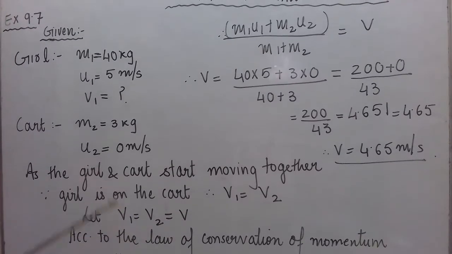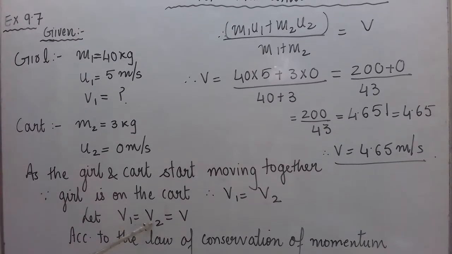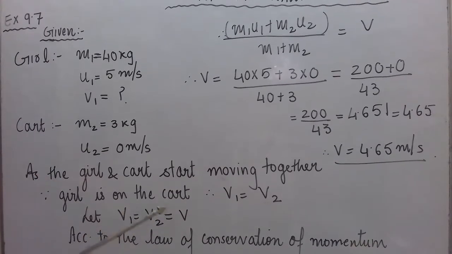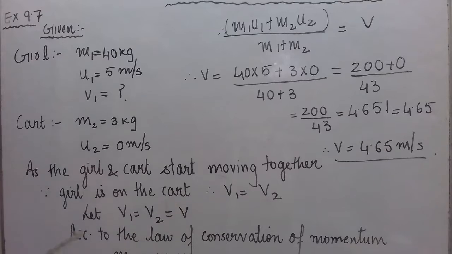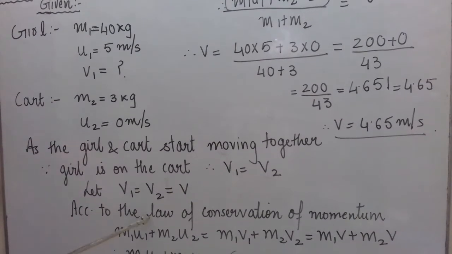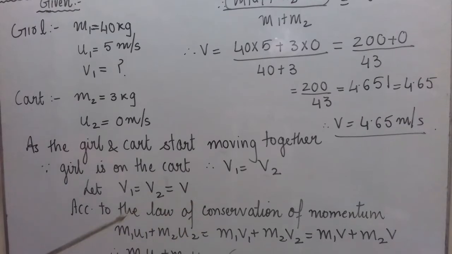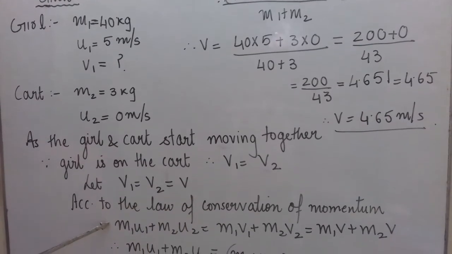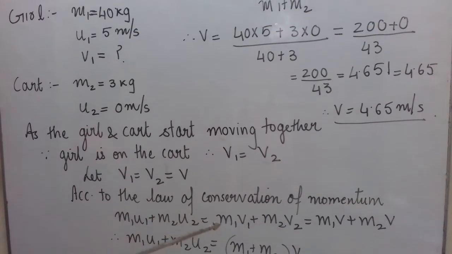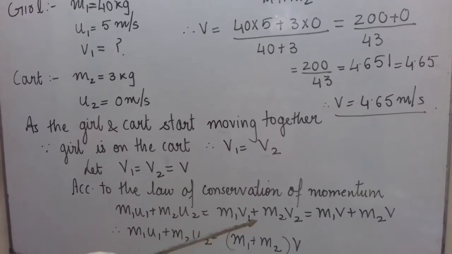V1 is the velocity with which the girl moves. V2 is the velocity with which the cart moves, but they are equal. We have denoted it by V. Now let us use the law of conservation of momentum. According to the law of conservation of momentum, initial momentum is equal to total final momentum, that is m1 u1 plus m2 u2 is equal to m1 v1 plus m2 v2.